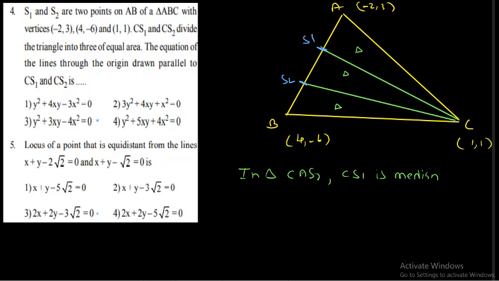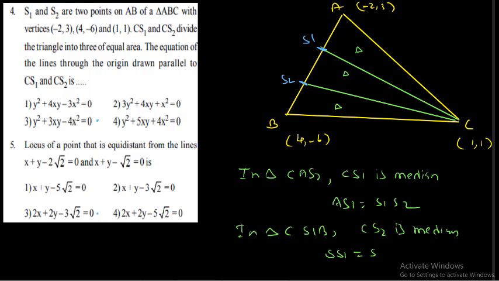Already you know the median divides the triangle into triangles of equal area. That's why this is the median, which means AS1 equals S1S2. Students, one more thing. In triangle CS1B, CS2 is the median, because the median divides the triangle into triangles of equal area. Then I can say S1S2 equals S2B.